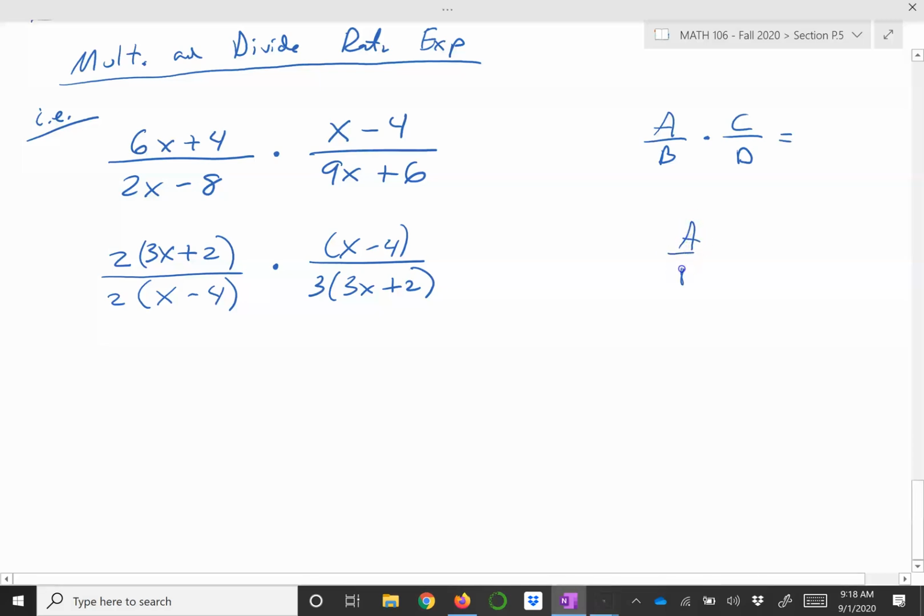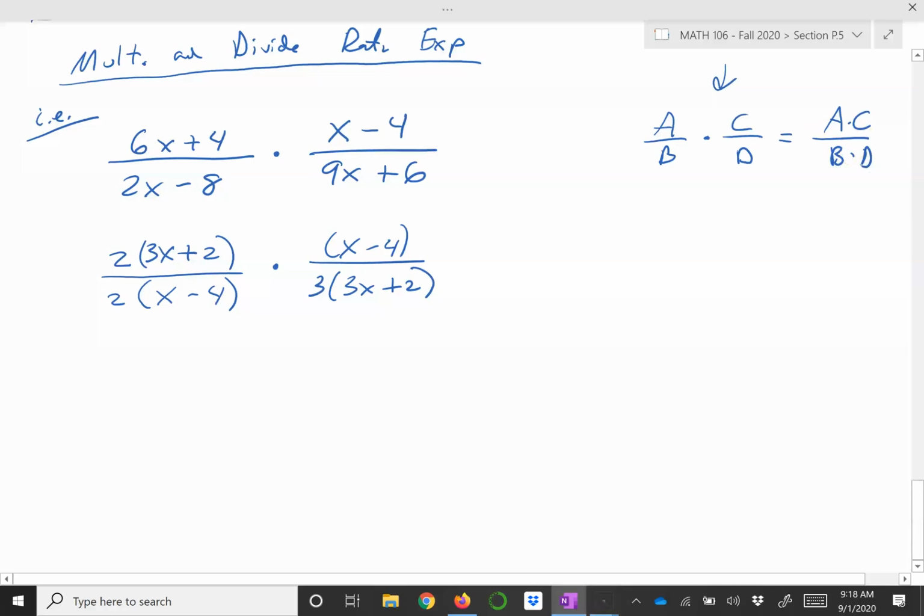Just as an aside, if you have an equation, you would cross multiply to solve. But we're not even talking equations right now. If you have two fractions and you want to multiply them, you multiply the numerators together and then multiply the denominators together. So in my example over here, it's a times c over b times d, okay?